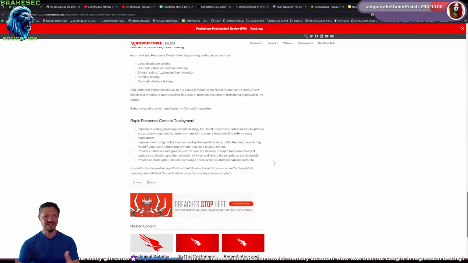This could have been pushed out to all of the Windows boxes inside of CrowdStrike, or people who just want to live on the bleeding edge. Maybe they're a customer and they're like, yeah, we want to help out, improve the sensor. Let's do this. So it didn't need to be 8.5 million potential devices that got owned up.